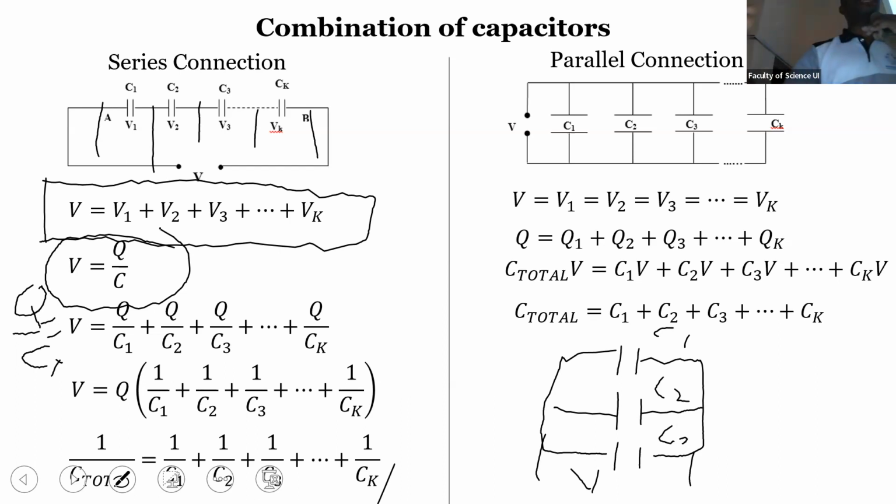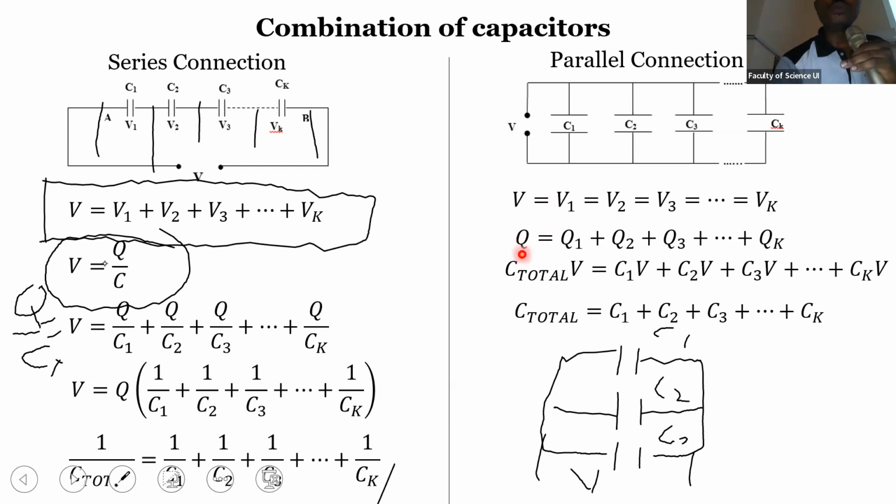The Q in the individual capacitors depend on the capacitance of these capacitors. So that's the origin of this expression that says Q is equal to Q1 plus Q2 plus Q3 down to QK.